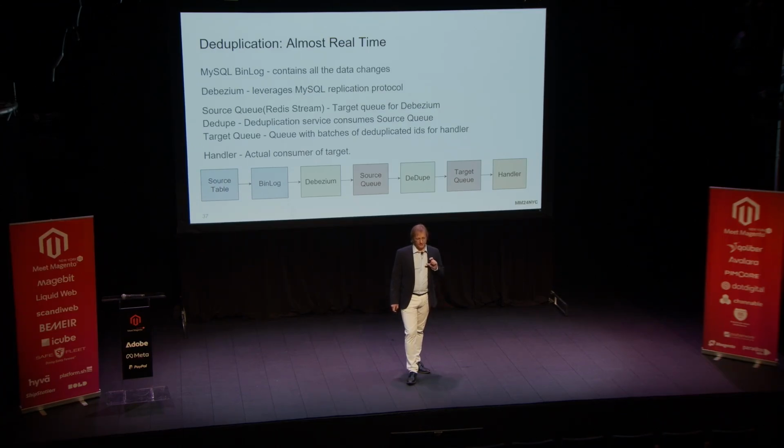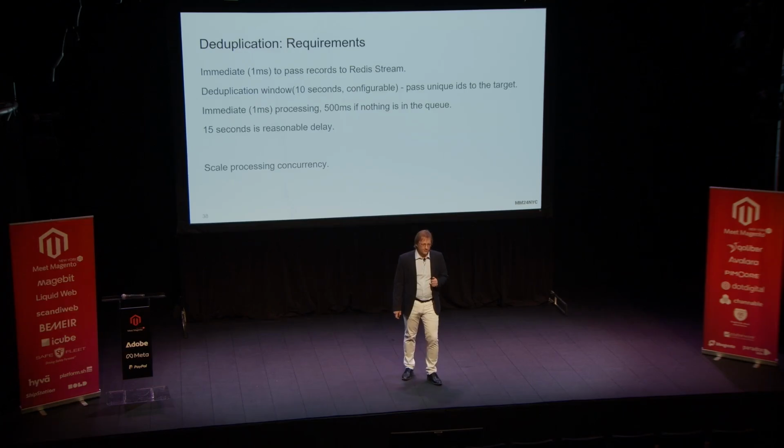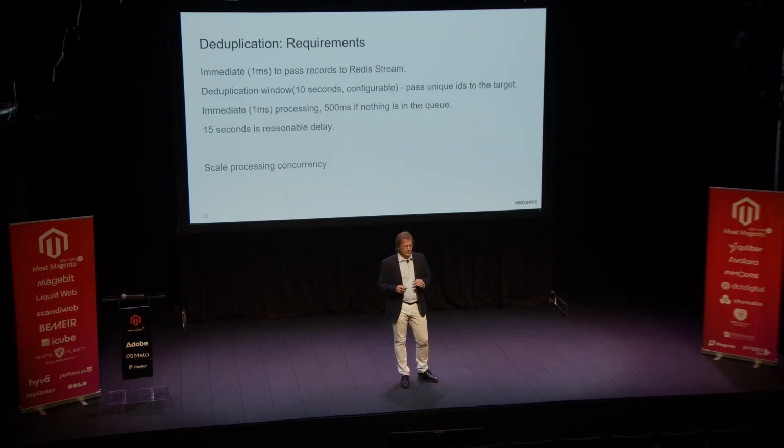We want to have that particular deduplicated piece, because we know our Magento database writes a lot of stuff when we are saving something, some product, for example. So we're going to go with requirements. We need instant update, some deduplication window, and after deduplication, we want to go right away into processing, without any whatsoever delay.